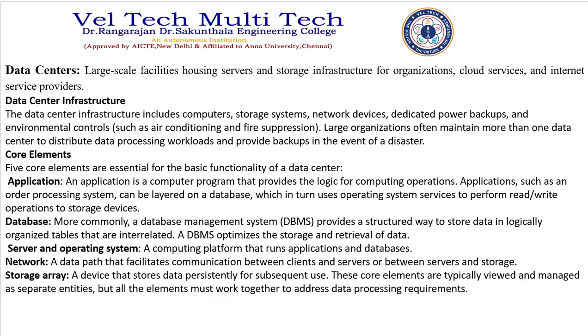Network is a data path that facilitates communication between client and server or between servers and storage. The storage array is a device that stores data persistently for subsequent use. These core elements are typically viewed and managed as separate entities, but all the elements must work together to address data processing requirements.